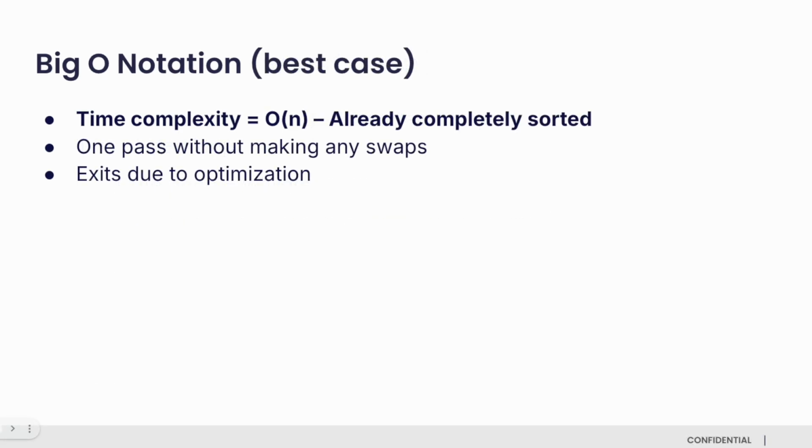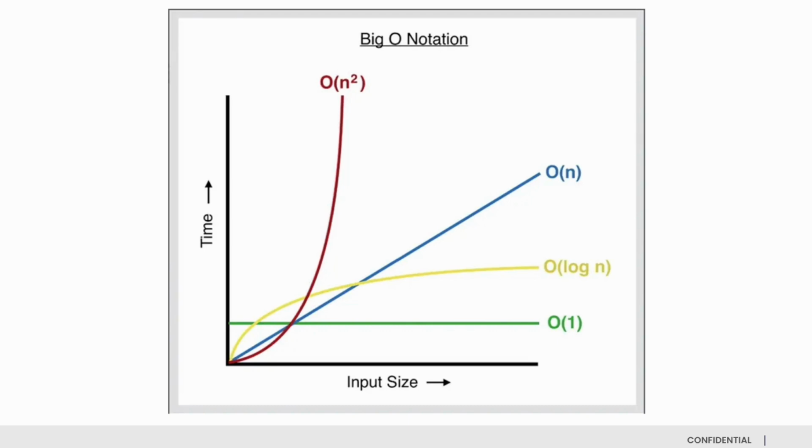For the best case scenario where the array is already completely sorted, that would be an O of n. And again, if we look at our graph, the O of n squared is going to be quadratic and have a much steeper time complexity as the size of the array grows, whereas in the best case sorted scenario, the O of n will have a linear relationship.